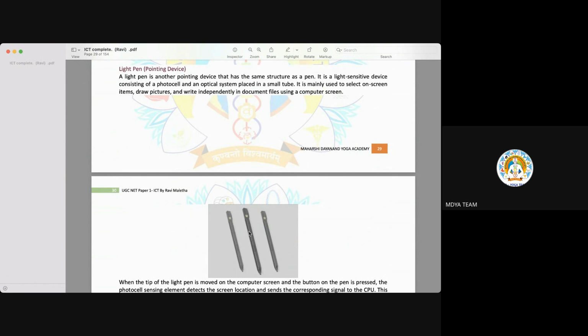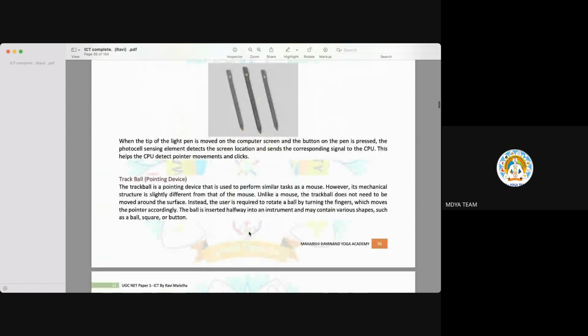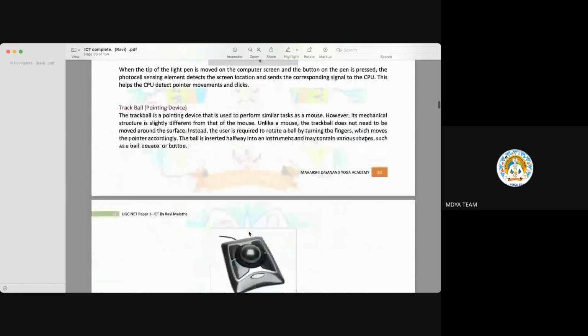You can draw pictures and write independently in a document file using the computer screen. So this is again an input device which can be used.